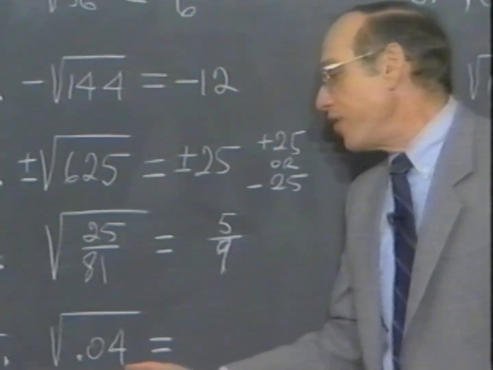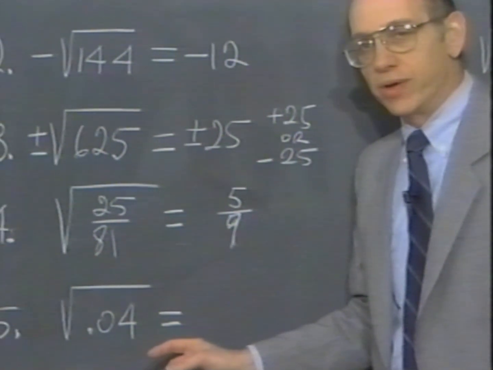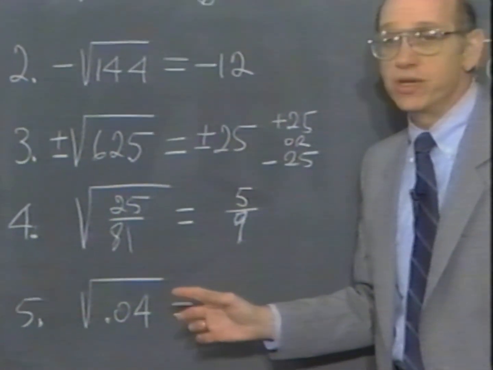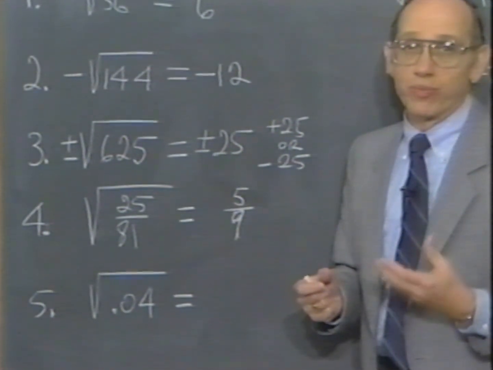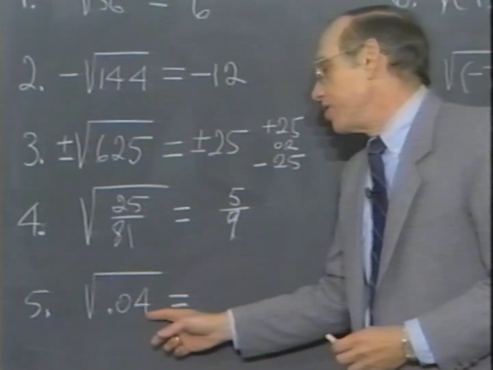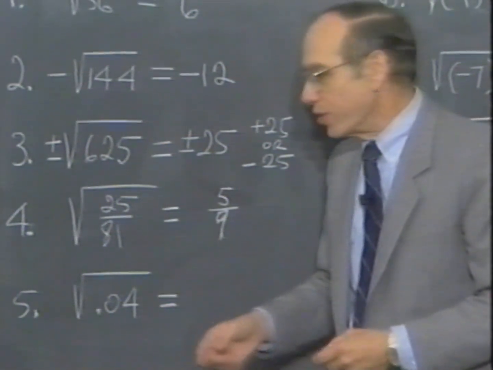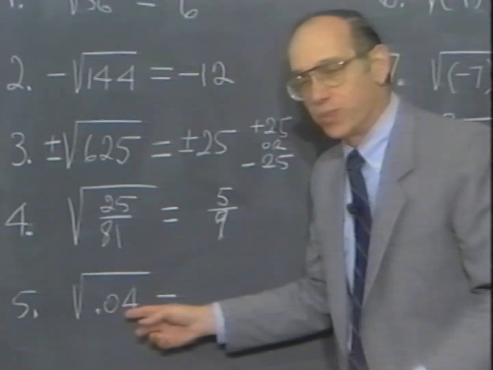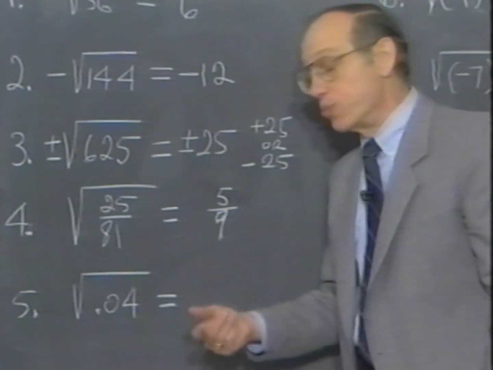In problem 5, we have the square root of 0.04. Well, you can take the square root of decimals if you can recognize what the proper equal factors are. You must realize, of course, that the square root of a decimal is actually going to be a number that's larger than the decimal itself, because when you take a small number and square it, it gets smaller.